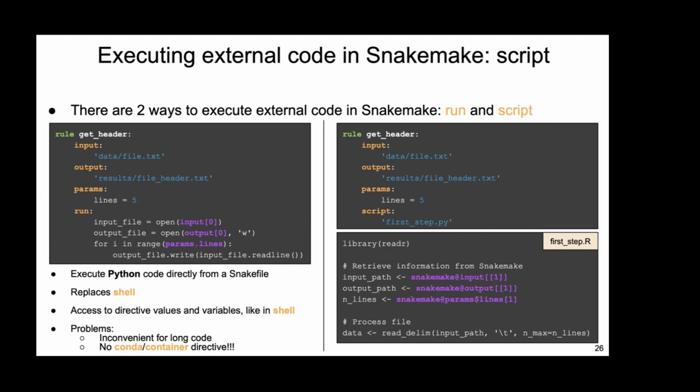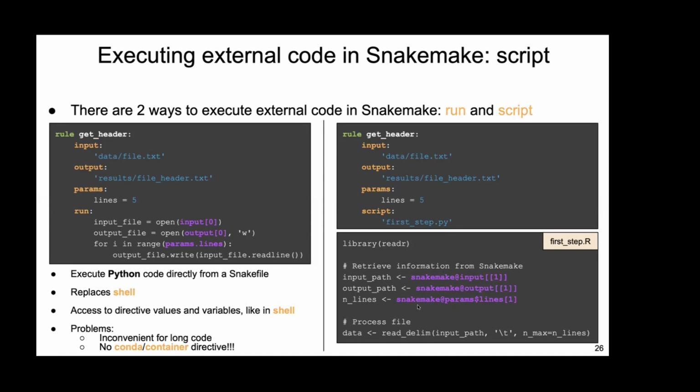So in this case, this creates, if I'm not wrong, an S4 object that would have different slots for the different directives. And then each of these slots will contain a list for the different values. So for example, you have snakemake@input, that's this directive, and then double square bracket 1 because it's an R list, and 1 because it's R and R is 1 based.